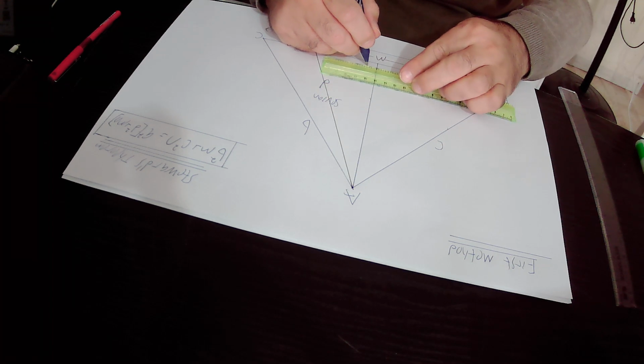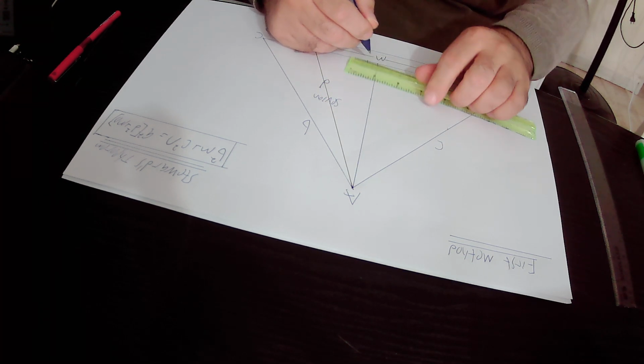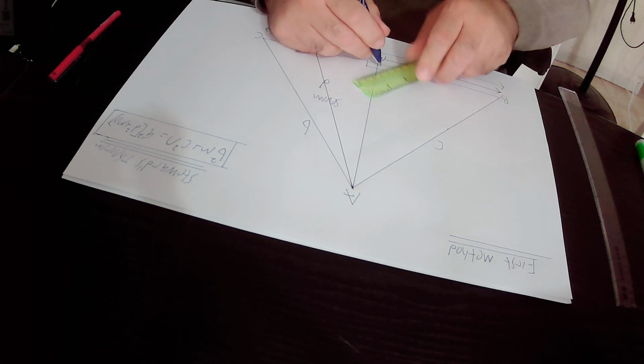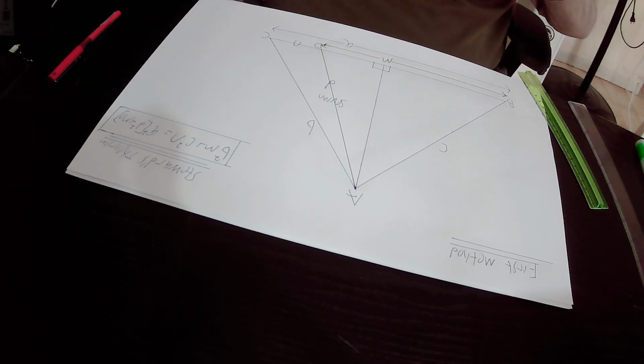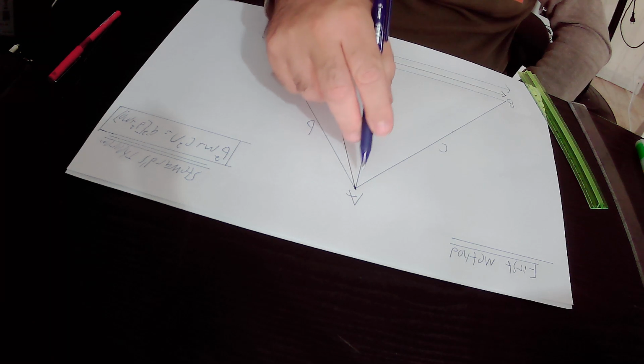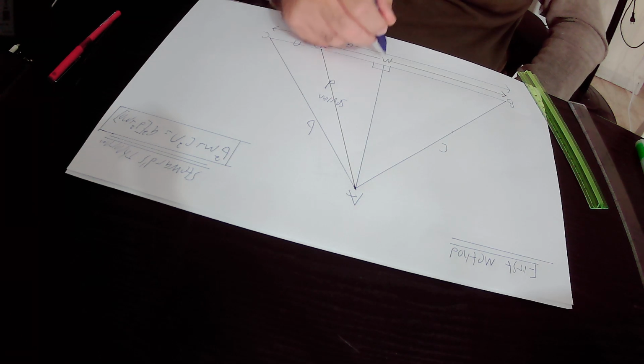So, this angle equals 90 degrees, and this angle is also equal to 90 degrees according to our construction. And we define the touching point of the perpendicular from point A and BC as E.